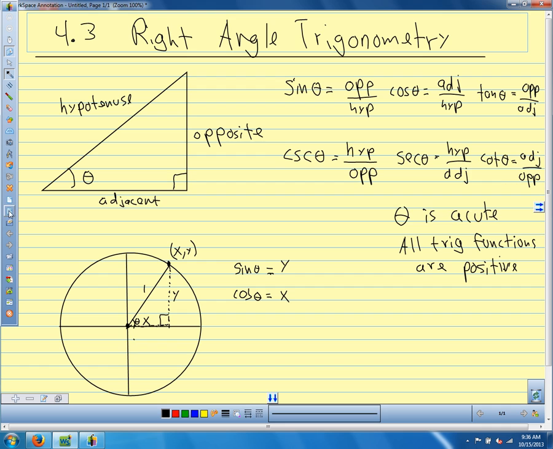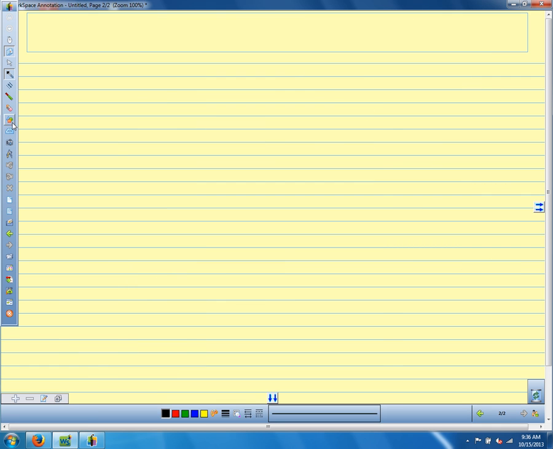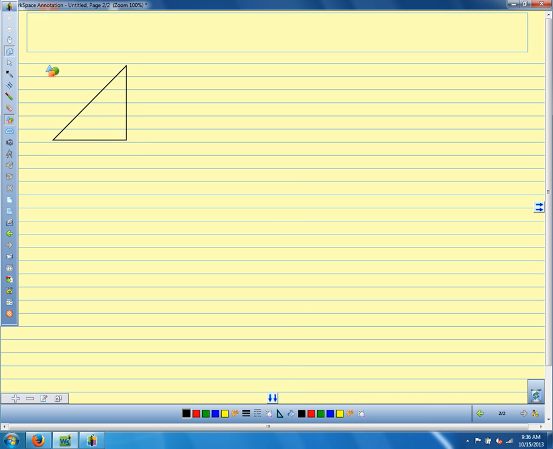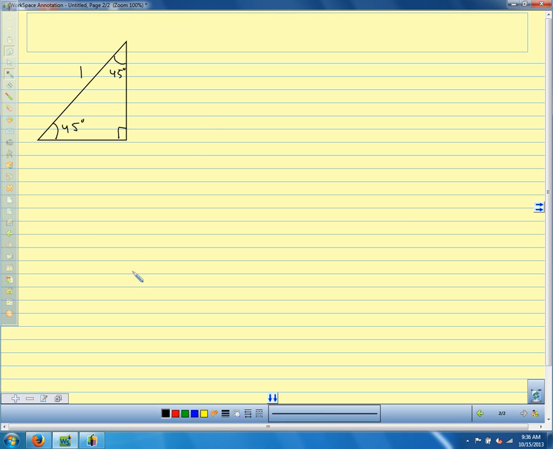All right, so let me draw up a couple of special right triangles here. So this is going to be our 45, 45, 90. And we'll make our hypotenuse 1 to make our lives easy.